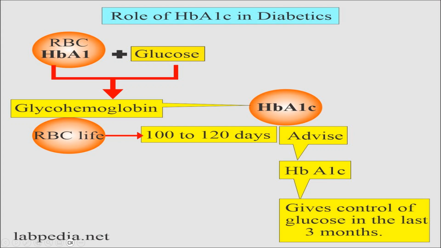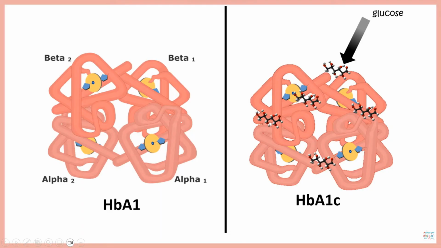That is why I told you that this glycosylated hemoglobin gives us the glucose concentration of a person over the last 3 to 4 months, roughly 100 to 120 days. So HbA1c gives us the glycemic control in the last 3 to 4 months.